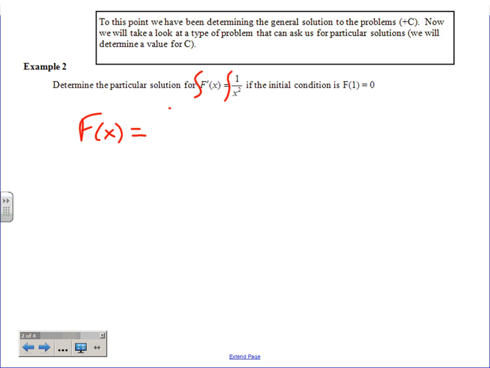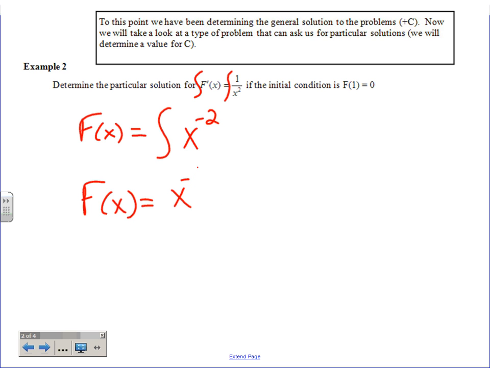How have we done that? We rewrote it as x to the negative 2, right? Well, we can integrate that. So, up a power, negative 3. Okay, just seeing if you're awake. Some of you are not.